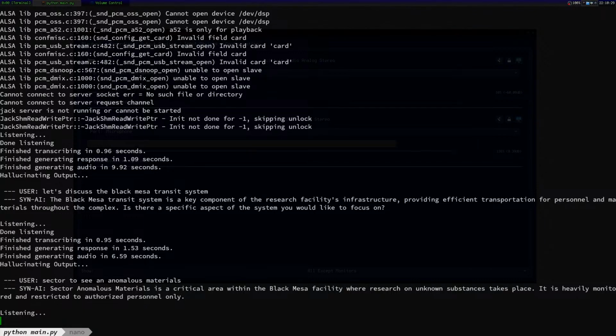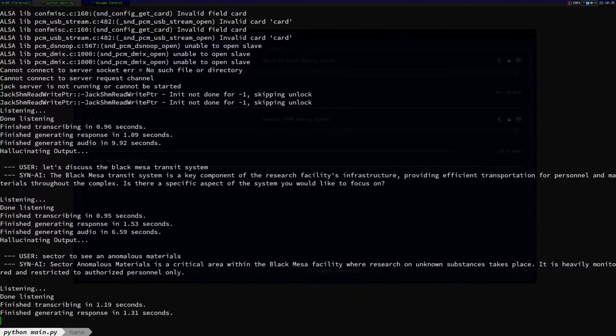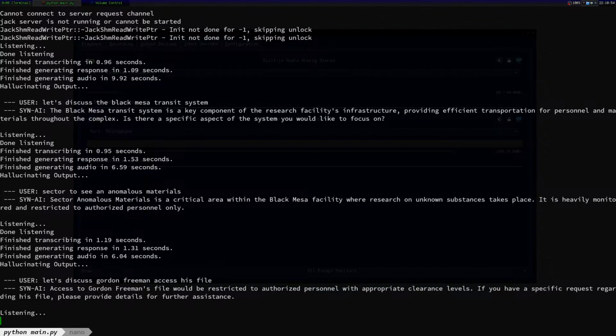Let's discuss Gordon Freeman. Access his file. Access to Gordon Freeman's file would be restricted to authorized personnel with appropriate clearance levels. If you have a specific request regarding his file, please provide details for further assistance. Acknowledged. Echo 1 Alpha, this is the Administrator Wallace Breen.